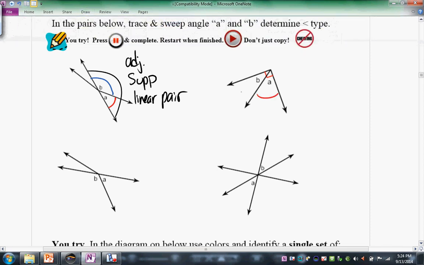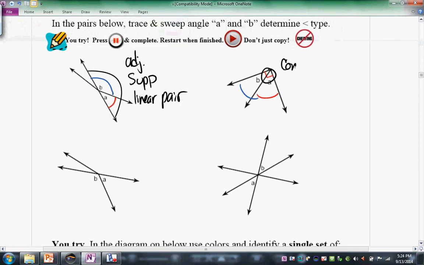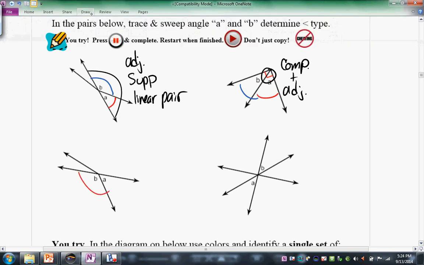Sweep A, sweep B. Looky there, they add up to 90, so we know they're complementary. And they're back to back, so they're adjacent. Sweep A, sweep B. You should have seen that they are adjacent. They add up to 180, so they're supplementary. And they are a linear pair.